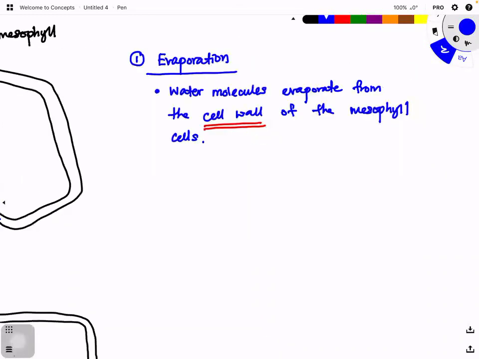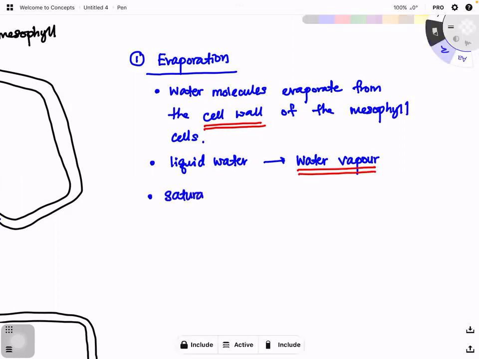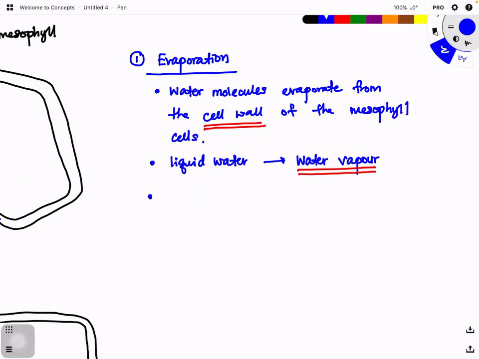Evaporation means that the liquid water now becomes water vapor, evaporating to form water vapor. This is the second term, the correct word, that I need to highlight. This water vapor is going to saturate the substomatal cavity, so the substomatal cavity now is saturated with water vapor.